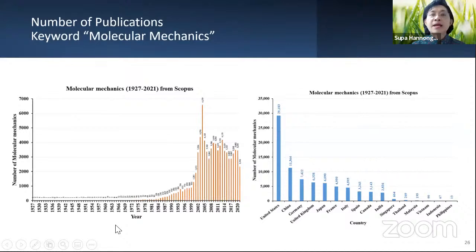And I asked my student to search a little bit. If we use the keyword molecular mechanics in the Scopus database, you can see that the first publication on molecular mechanics was in 1927. And not much work was published from time to time.